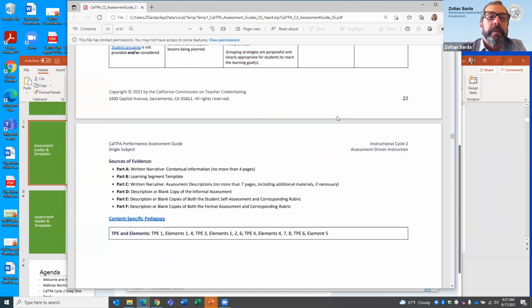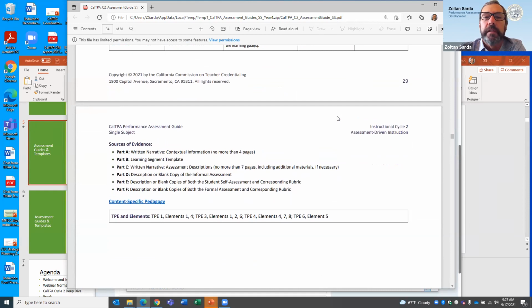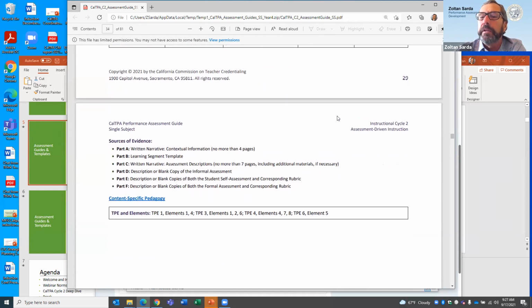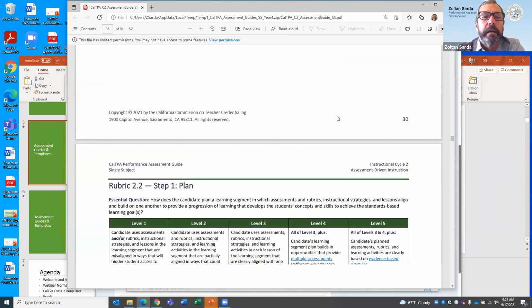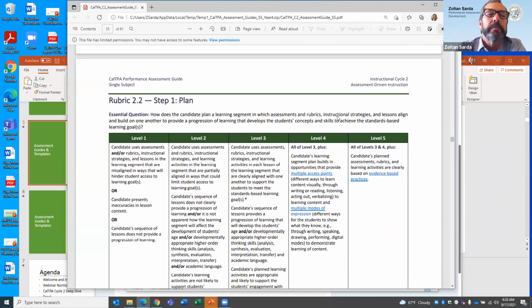And again, here are the sources of evidence. So again, getting the candidates when they do that process of looking at each construct and going step by step, finding a piece of evidence in any of those sources, and they only need to find one piece of evidence for each construct. For cycle 2, or for step 2, or I'm sorry, rubric 2.2.